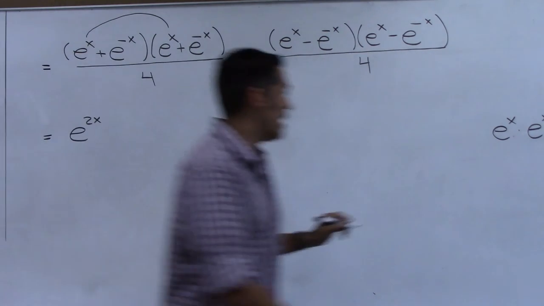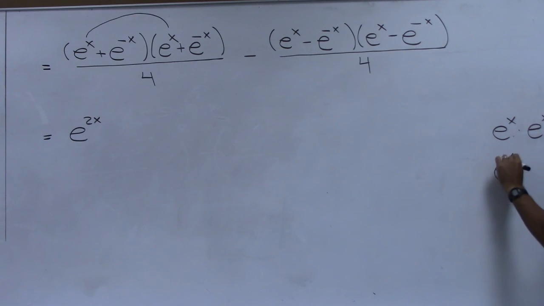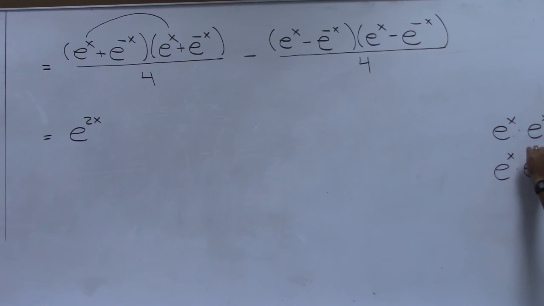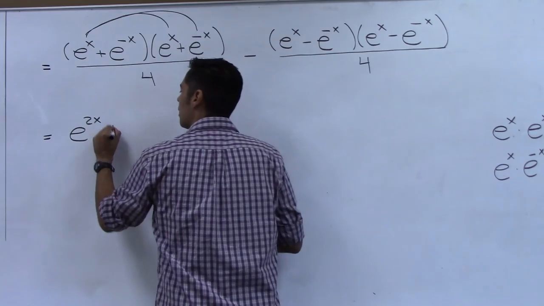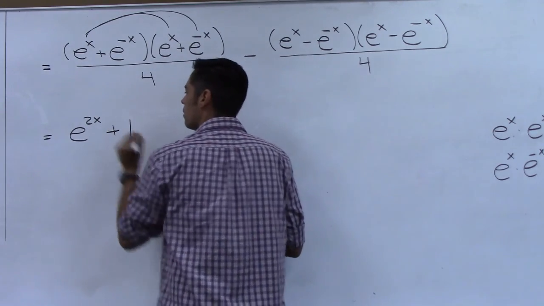Exactly. E to the x times e to the negative x is e to the x plus a negative x. That's 0. E to the 0 is 1. Understand? E to the 0 is 1. So the second multiplication gives us plus 1. Yes? Okay.